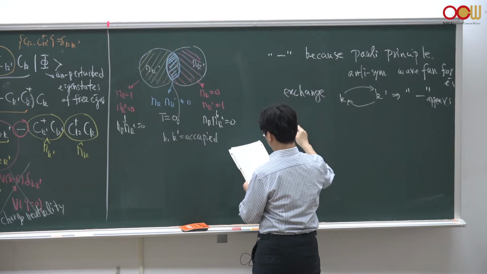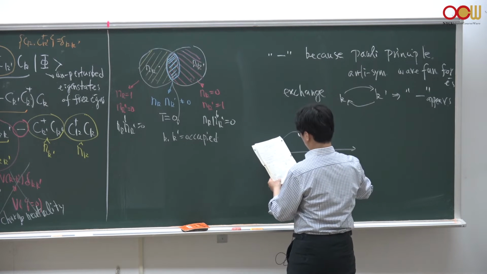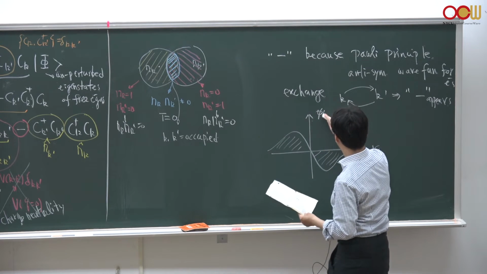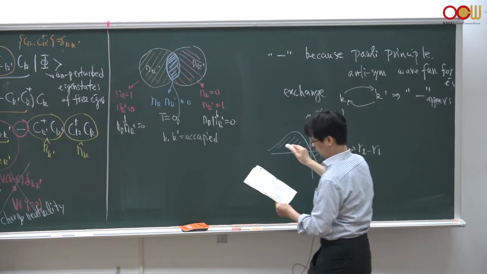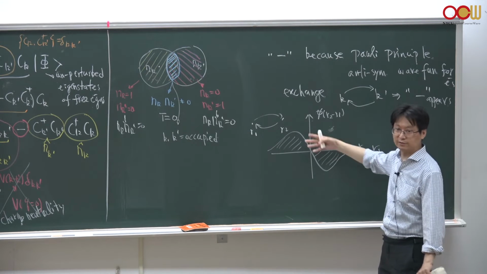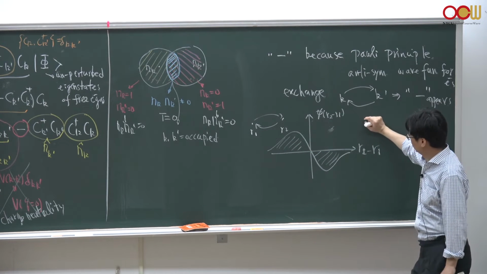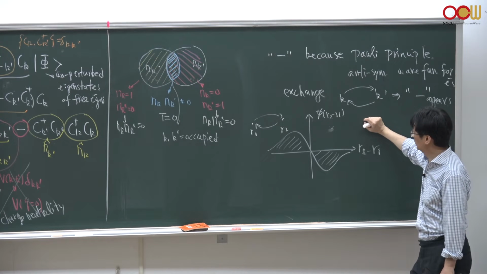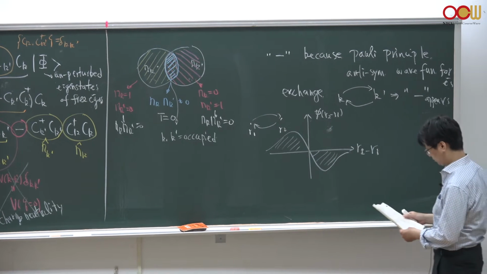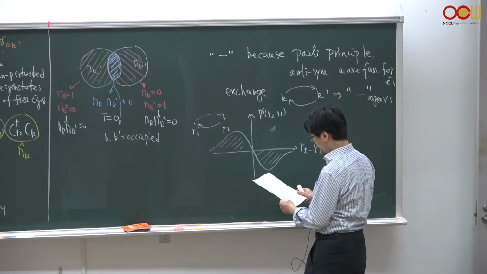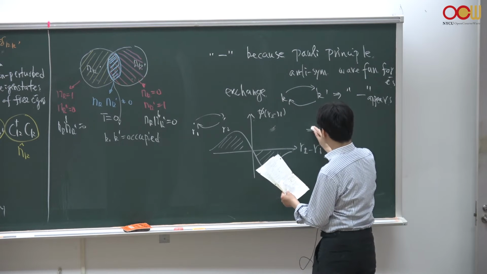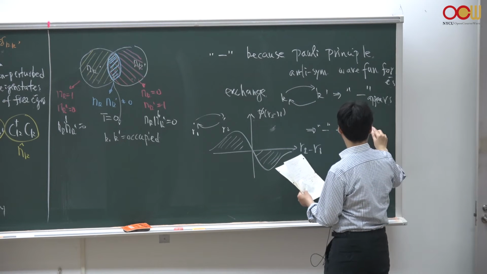Right. And you can see that in another way. Suppose I exchange these two particles between R1 and R2, and the total wave function actually flips the sign. Remember that quantum mechanics tells us that the total wave function for two fermions flips the sign when you exchange these two fermion wave functions. And this flipping of the sign will lead to the negative energy correction.